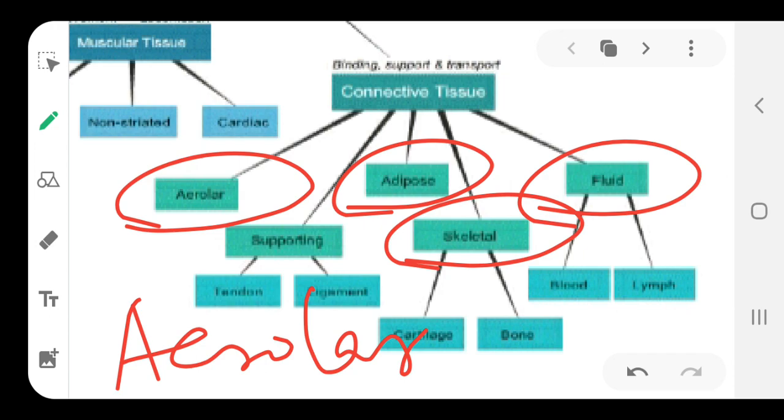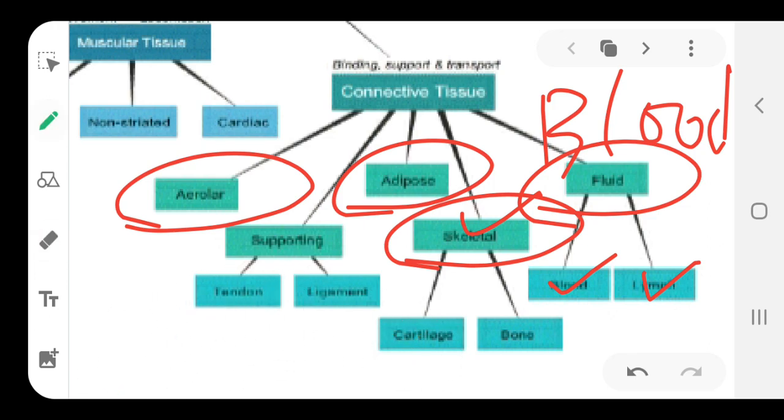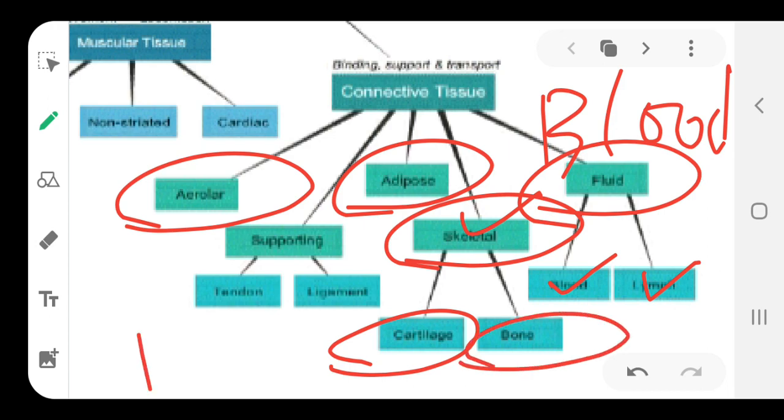Under fluid connective tissue we have blood and lymph. Under skeletal connective tissue we have two parts: cartilage and bones.